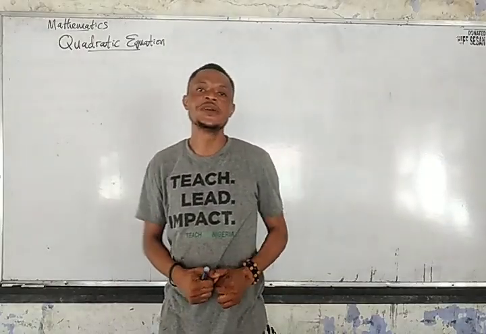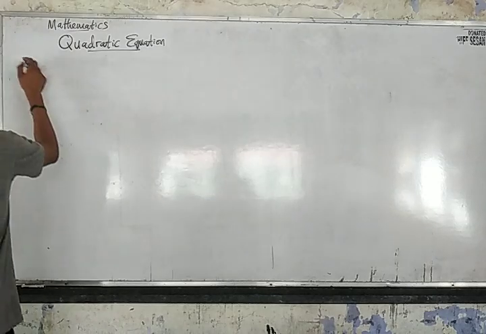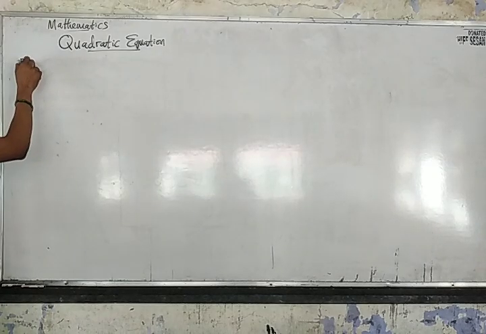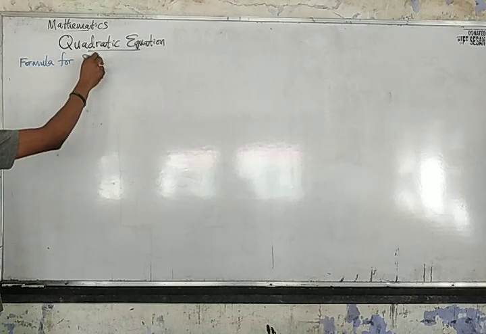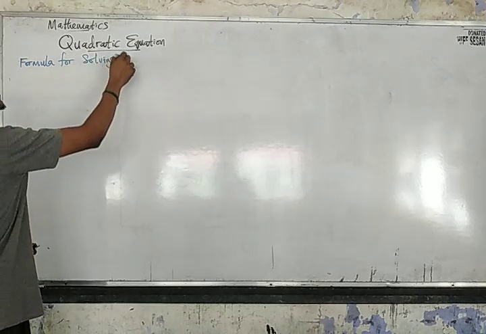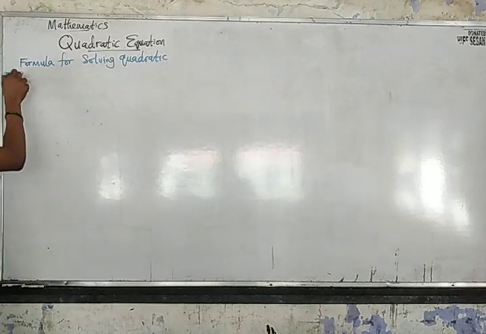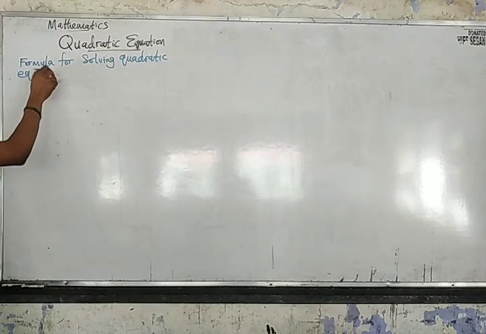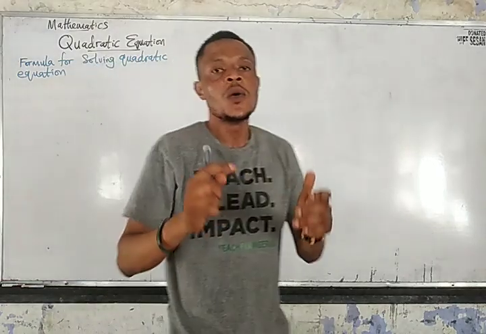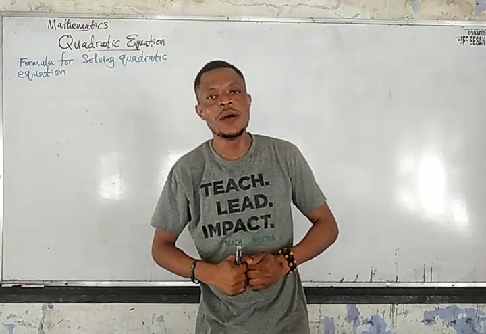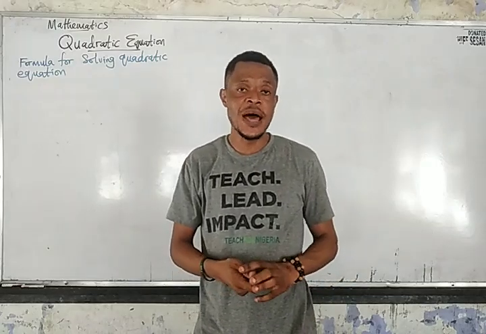Now let's go into the formula for solving quadratic equation. For the formula for solving quadratic equation, we are going to implement the completing the square method, which will generate the third method, which is the formula method.